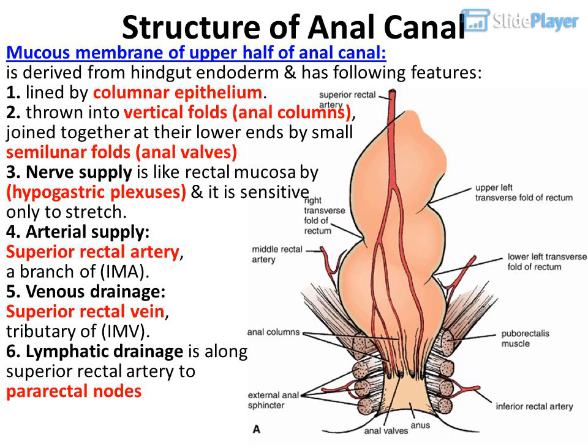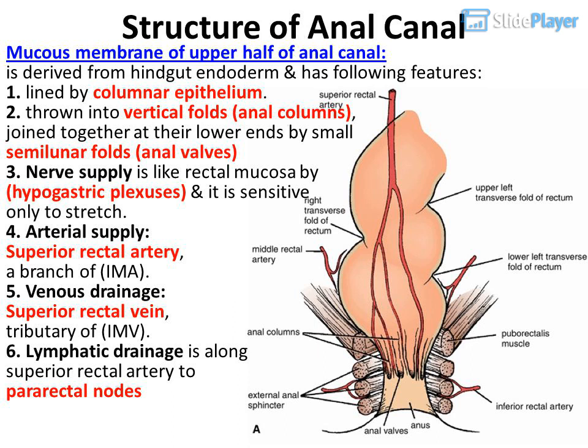Structure of anal canal. The mucous membrane of the upper half of the anal canal is derived from hindgut endoderm and has the following features. 1. Lined by columnar epithelium. 2. Thrown into vertical folds, the anal columns, joined together at their lower ends by small semilunar folds, the anal valves. 3.